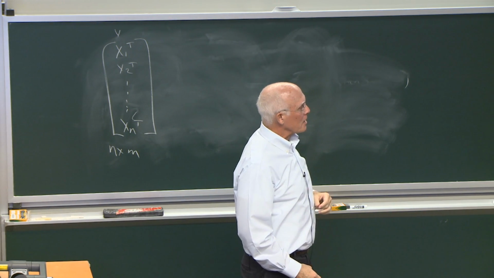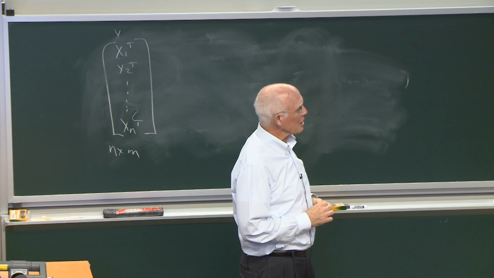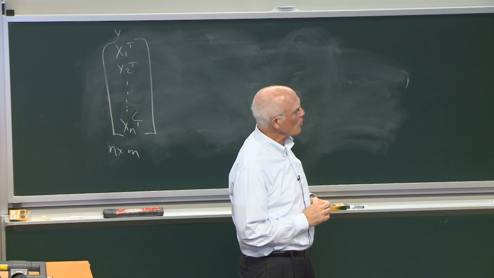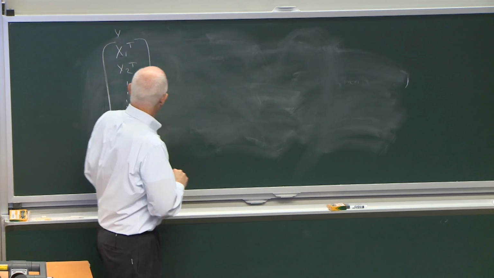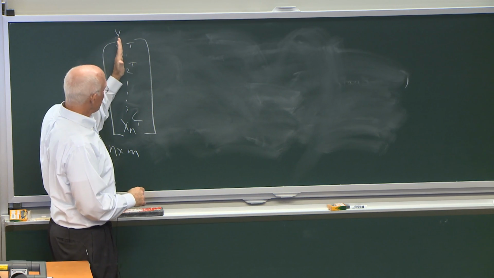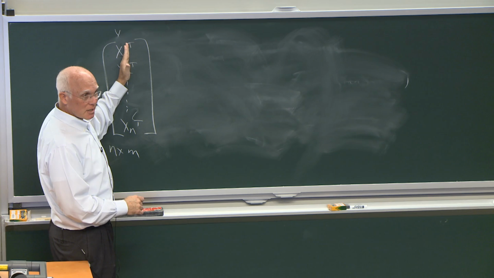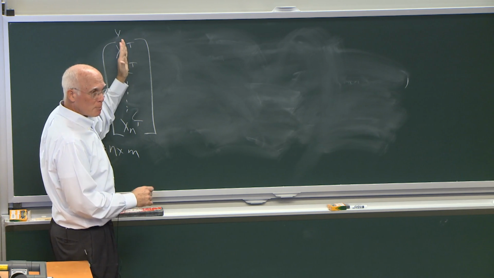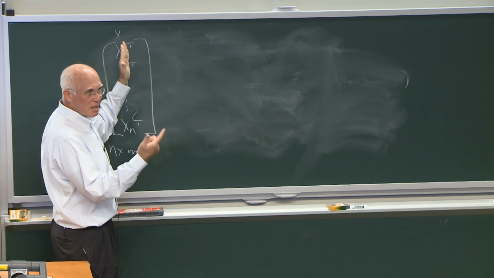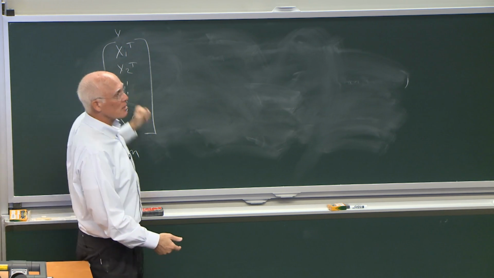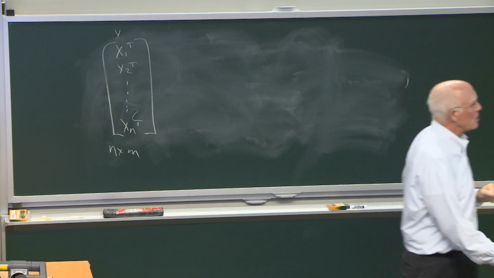And we can set up m regression models where we consider modeling the jth column of this matrix. So we're just picking out the univariate time series corresponding to the jth component. That's y_j.